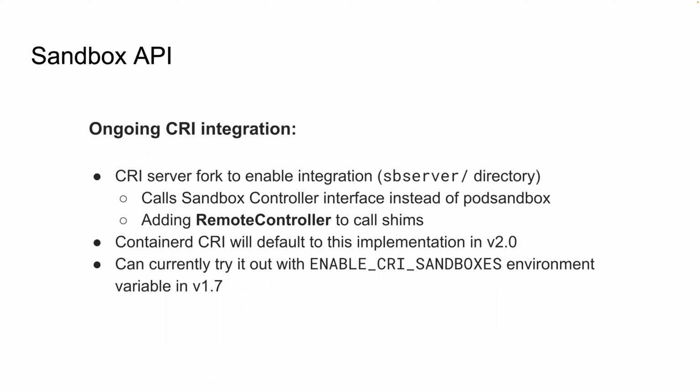So the server is the backend for the CRI plugin in containerd, and it was basically forked into sbserver and server. Okay, cool. So we're maintaining two versions of the backend for now until 2.0, at which time we'll cut off the old backend.